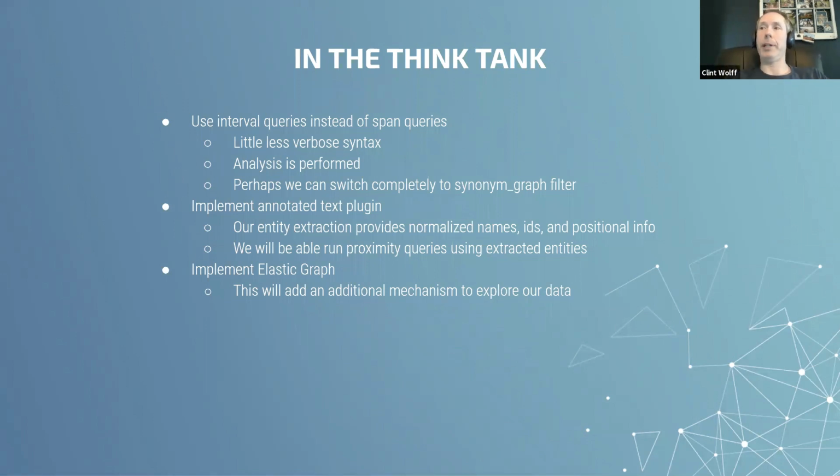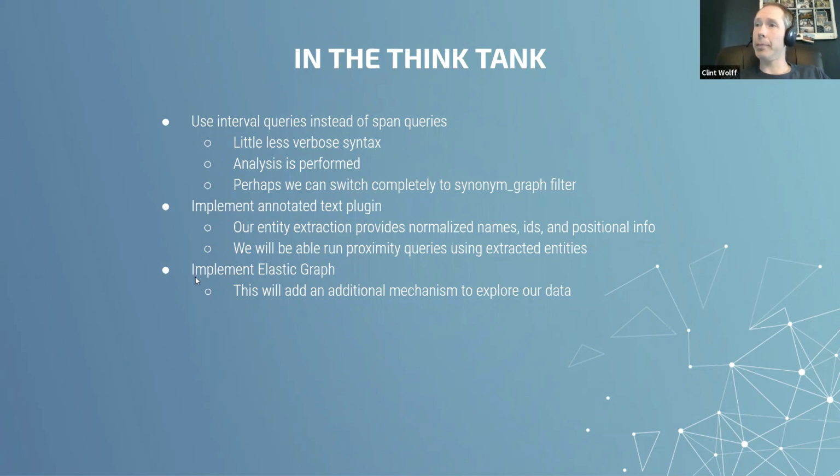And now, instead of doing full text search across our documents, we can search across entity information, and we can run proximity queries on those entities instead of proximity on individual terms of text. So if you're interested in that sort of thing, definitely recommend looking at the annotated text plugin. Again, we have not implemented it yet, but we've done some tests with it, and it works quite nicely. We're pretty darn excited about it, actually.